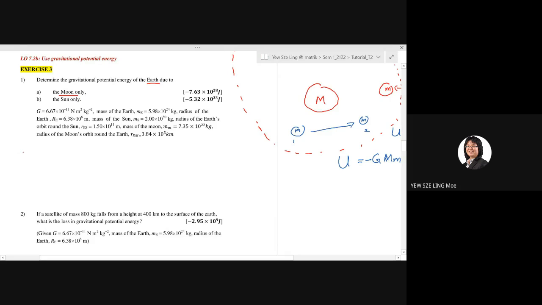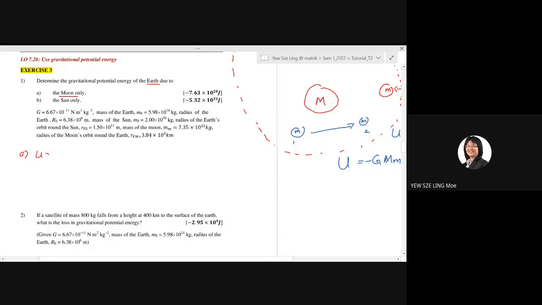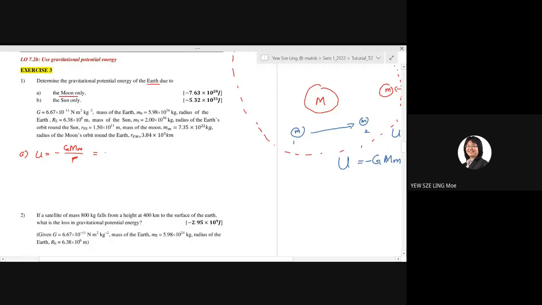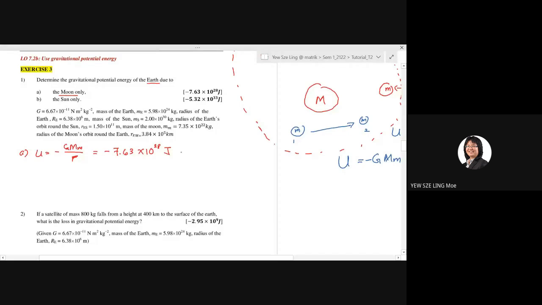You just apply U equals negative GMm over r and plug in the values. Eventually you obtain negative 7.63 times 10 to the power of 28 joules, the gravitational energy of the Earth due to the moon. This is the energy needed to place the moon inside the field of the Earth.